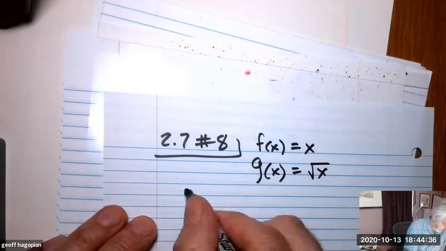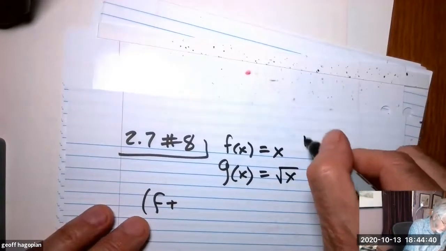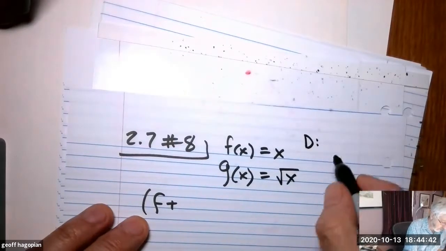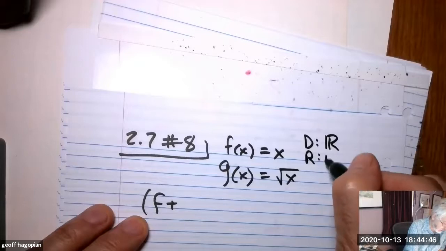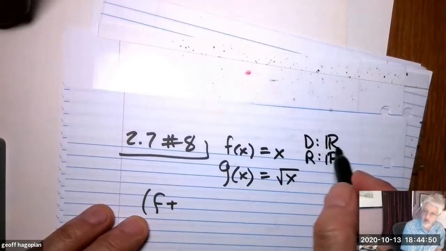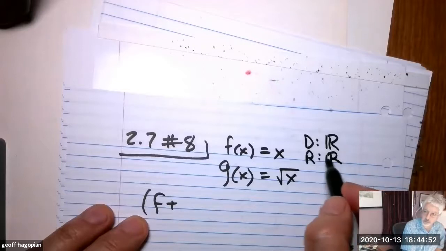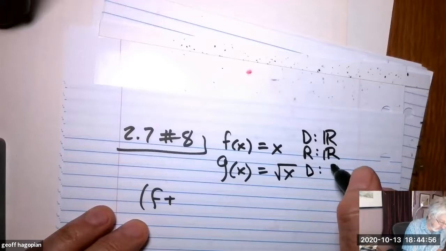And so f plus g. Here, let's write out what the domain is. In fact, let's write out both the domain and the range. So the domain here is all real numbers, and the range is all real numbers. This R with a double bar indicates the set of all real numbers. Whereas here, the domain is the interval from 0 to infinity, and so is the range.